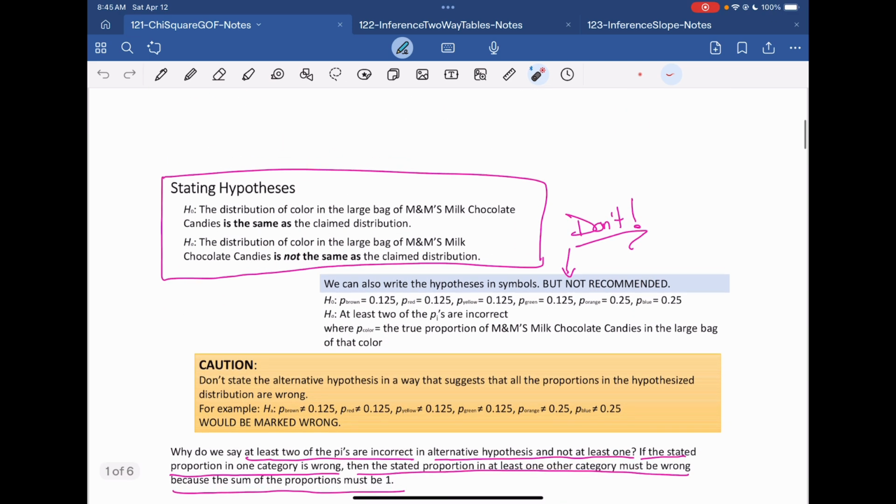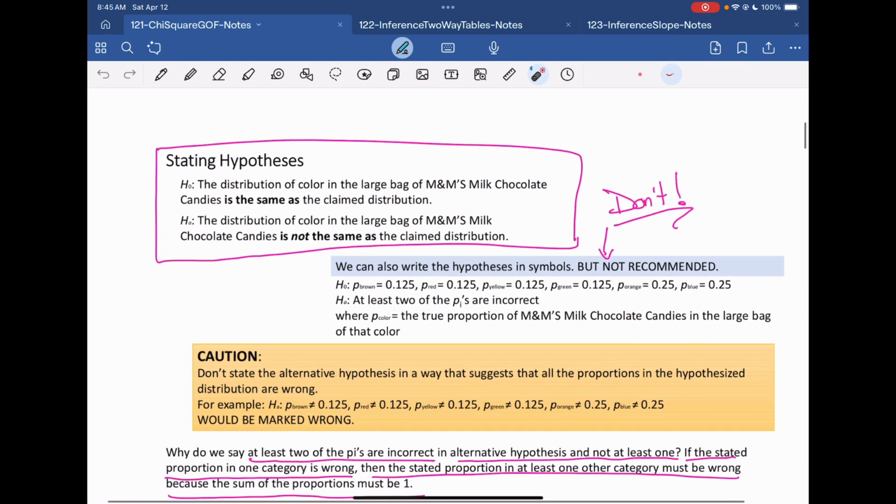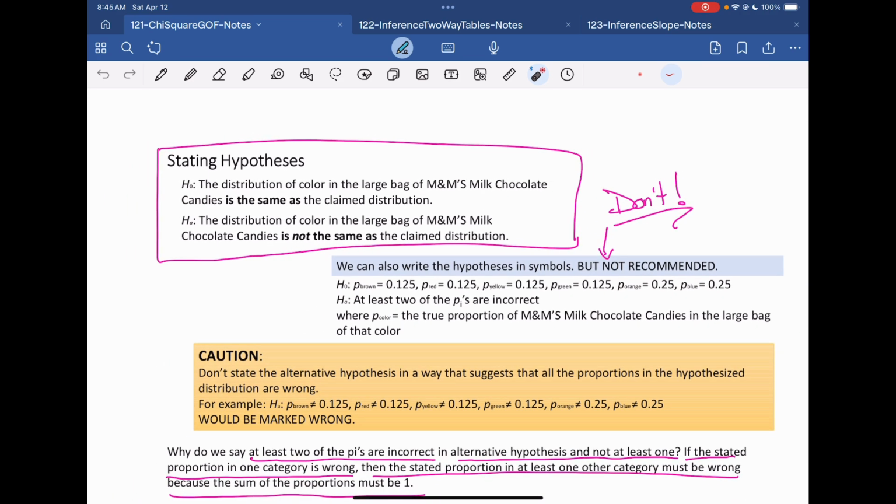And when you state your hypotheses, in this case, it's going to be words. You're going to state that the null is that it is the same as the claimed distribution. So the distribution of the color in the large bag of M&M's milk chocolate candies is the same as the claimed distribution. And then the alternative is that it is not the same as.